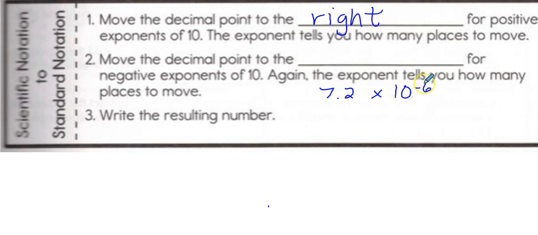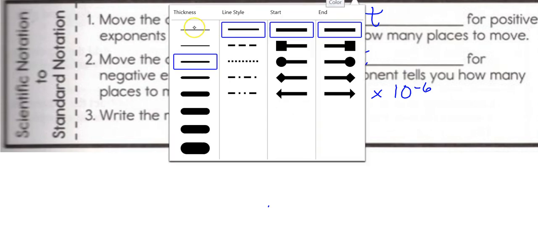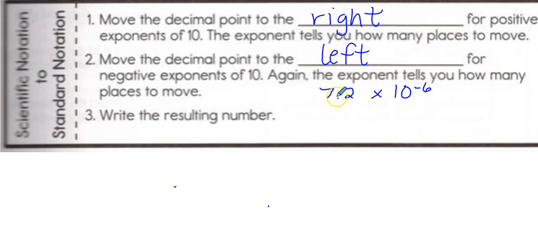Okay, this is not a positive exponent, it's negative. So I'm going to look at number 2, move the decimal point to the left for negative exponents of 10. And again, the exponent tells you how many places to move. So this is a negative 6, so I'm going to move my decimal point 6 places to the left. 1, 2, 3, 4, 5, 6. And I'm going to put in my zeros.